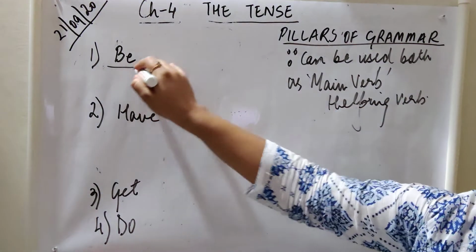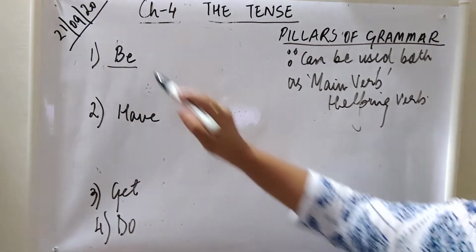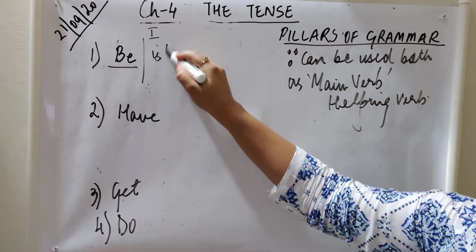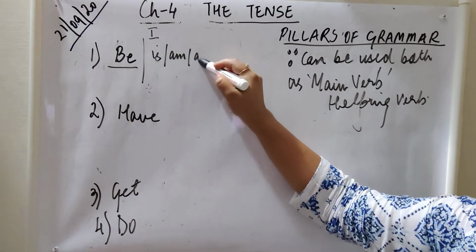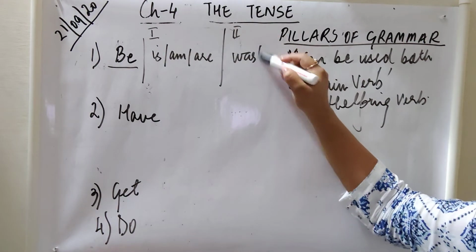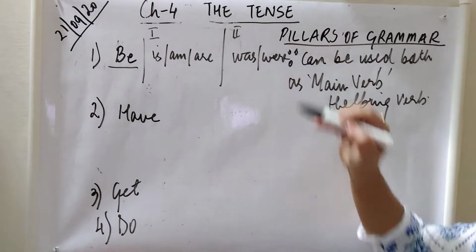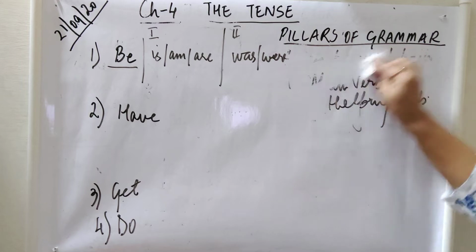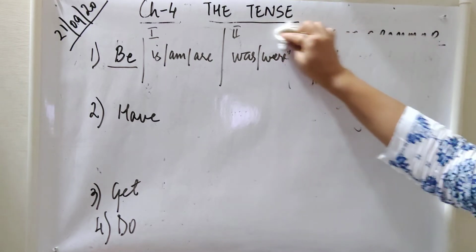For example, if we take be, the first form is is, am, and are. The second form of be is was, were. The third form of be is been. The ing form of be is being.